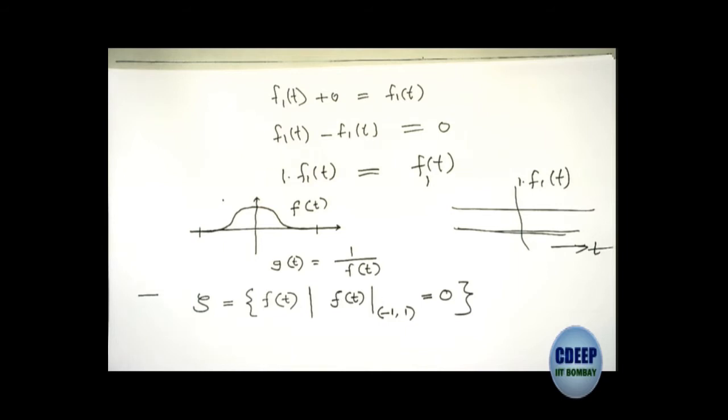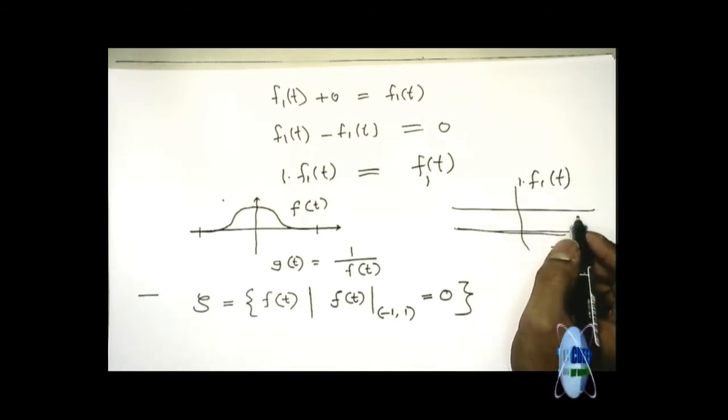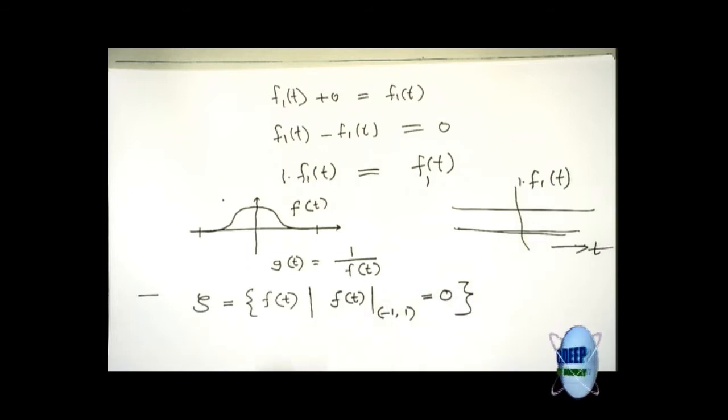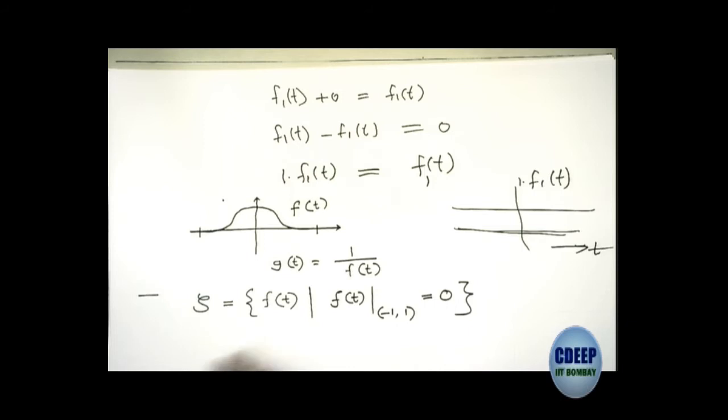For example, the constant function 1 is not a part of this set because it is non-zero everywhere. This set contains only those continuous functions, C infinity functions in fact, which are 0 over this interval. We would like to show that this set is an ideal.